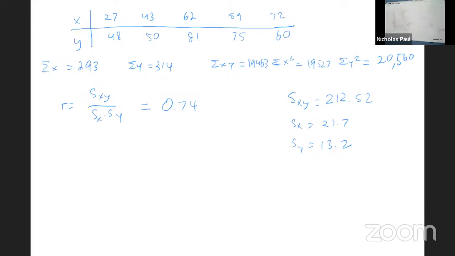So what you have in front of you there is one version of the formula. I just want to show you one other version. What did you get for SXY and SX?